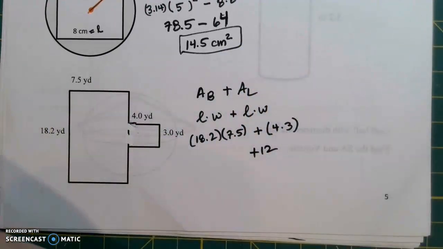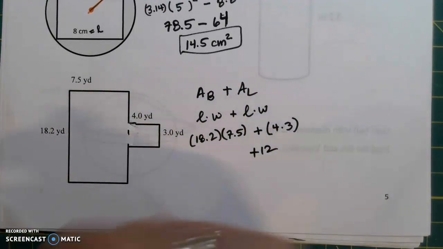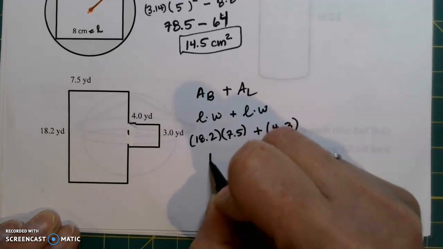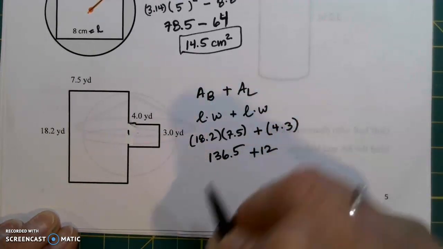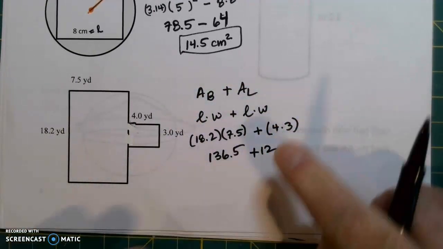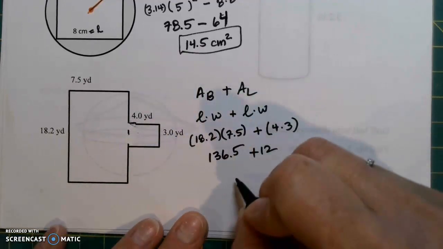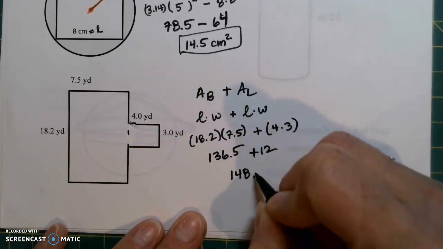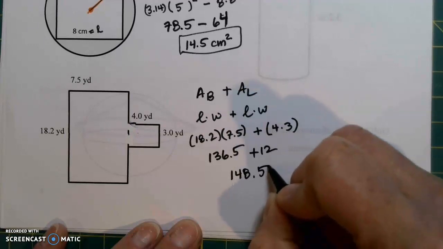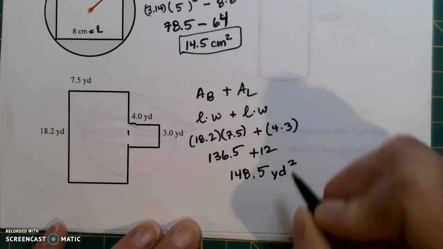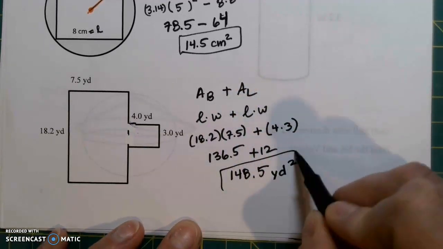Of course, that will be 12. And then let's go to the calculator on the other part there. So this is going to be 136.5, and then add that little alcove extra part to it. So 148.5, and that is yards squared.